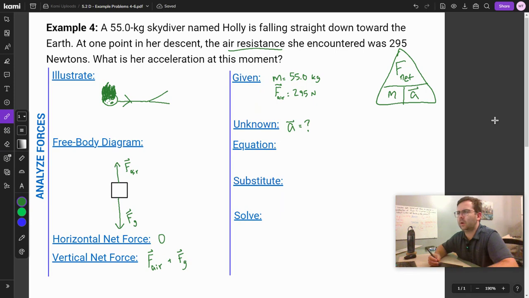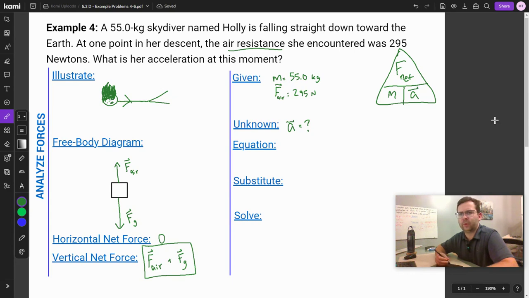Using Newton's second law, if we're trying to find the acceleration, we need to know the net force and the mass. We know the mass already. We know that the net force is the air resistance plus the gravity down here.